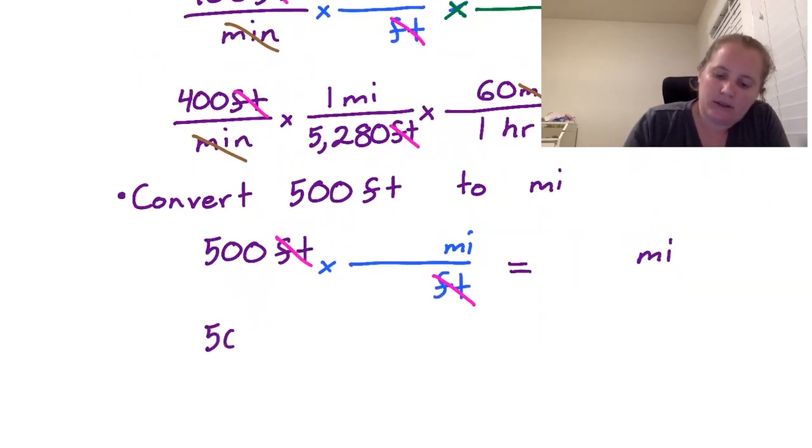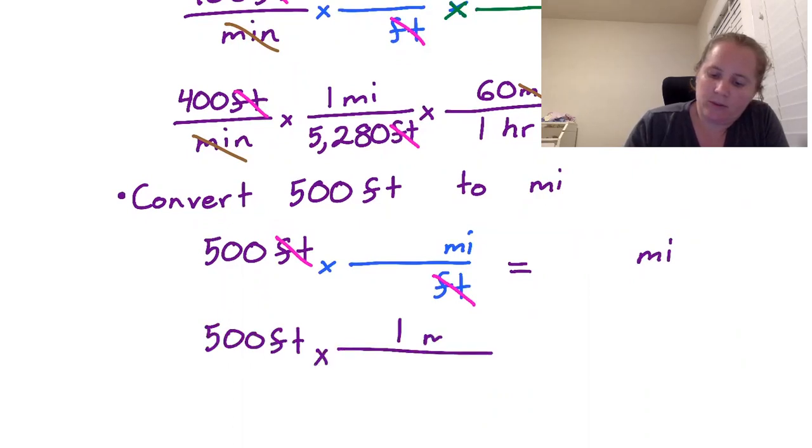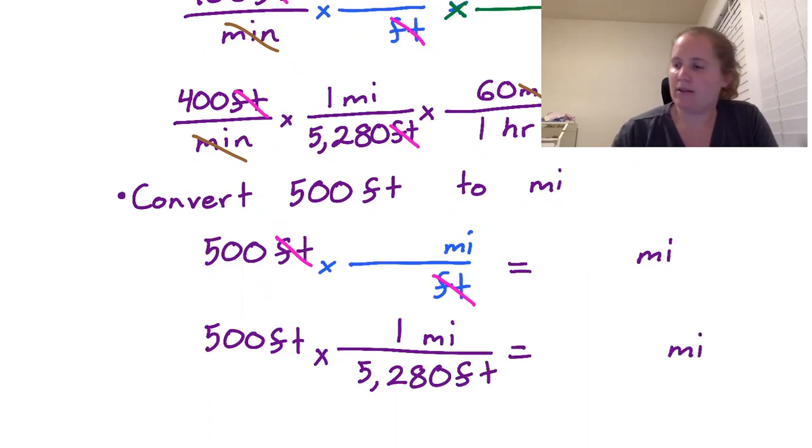So we have 500 feet times, there is 1 mile per 5,280 feet.